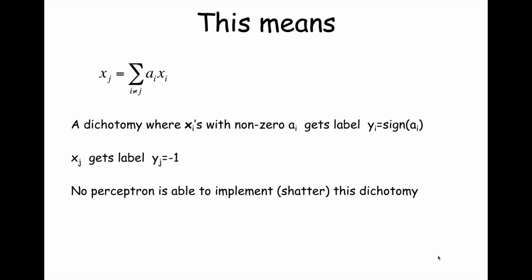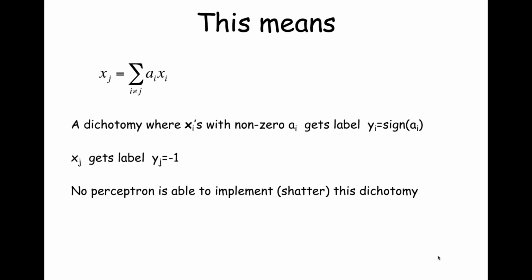Said differently, the label associated with each xi that contributes to the synthesized point is going to be the same as the sign of the coefficient ai. Does that make sense? So ai is going to be positive if yi is positive. ai is going to be negative if yi is negative, right?